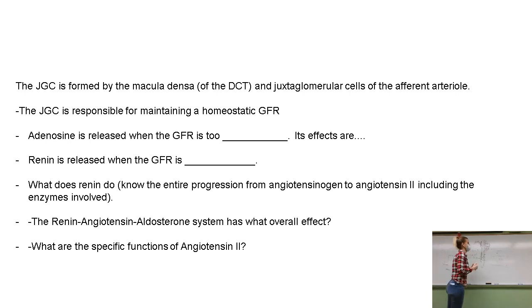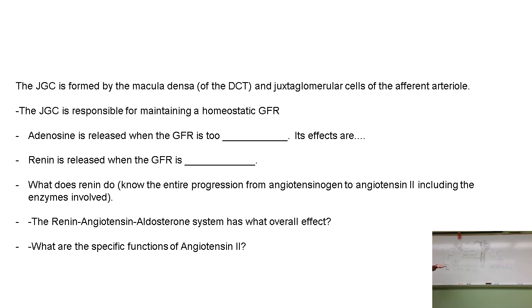Pro whatever it is is always the inactive form. So angiotensin 2 is then the active component. Overall, the effects of angiotensin 2 are going to be to increase blood volume and increase blood pressure in order to increase GFR. That's why it's doing it, because GFR wasn't high enough.